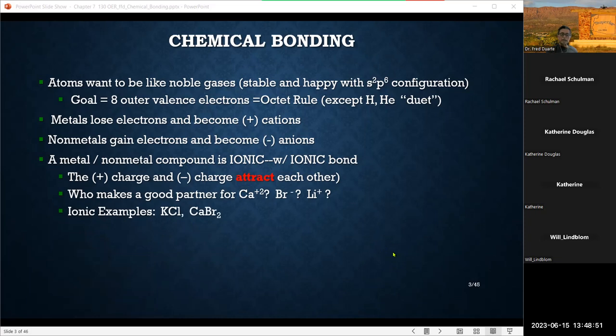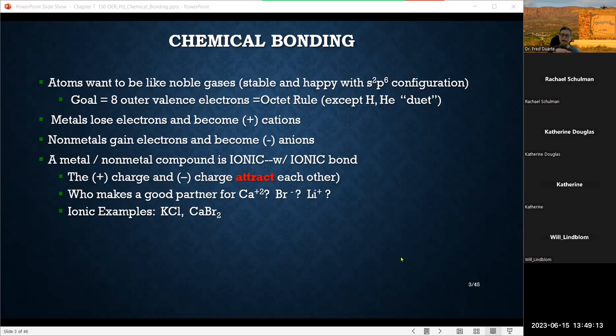Okay, some examples of ionic compounds, okay? Now notice something here, the way that the formulas are written, okay? You will find that 99% of the time, the metal is written first in the formula. So you can see here potassium, and then the other one's called calcium, okay?